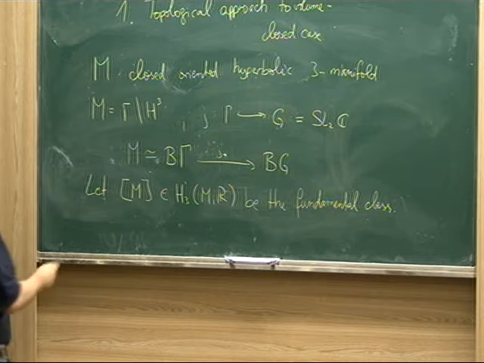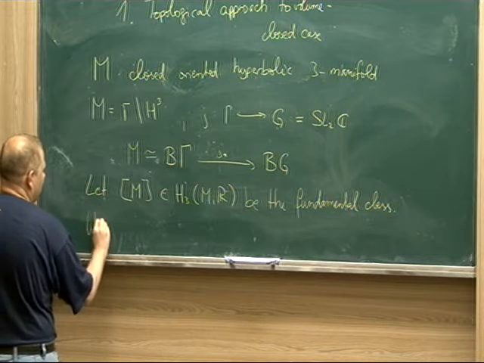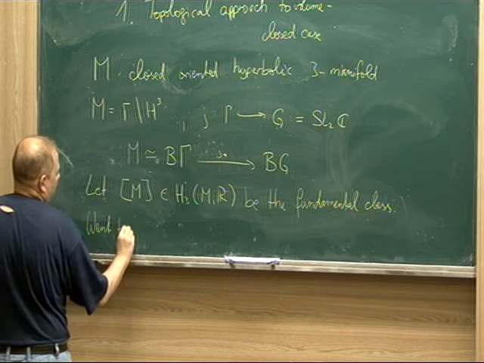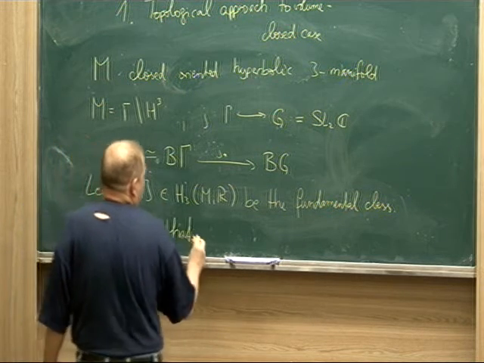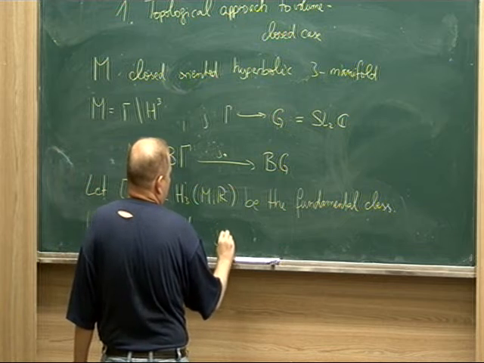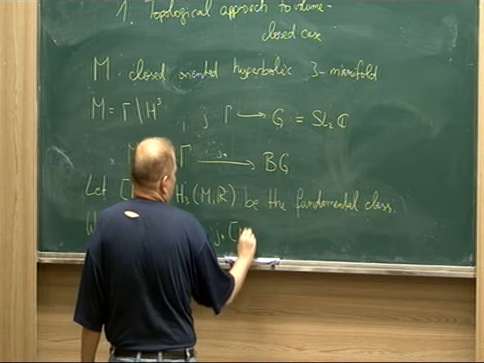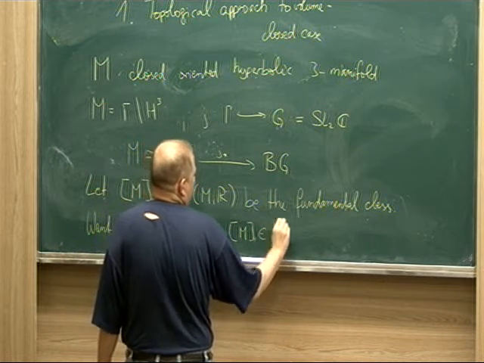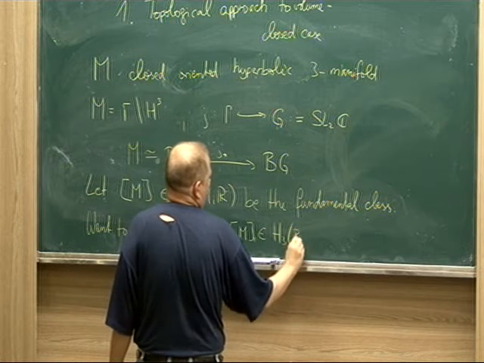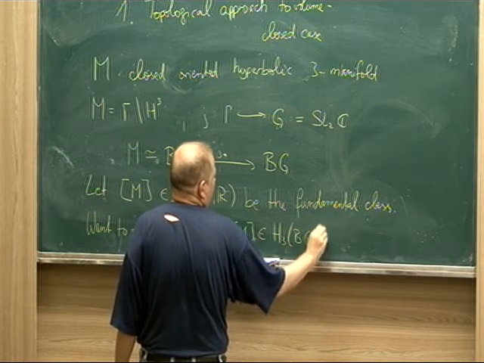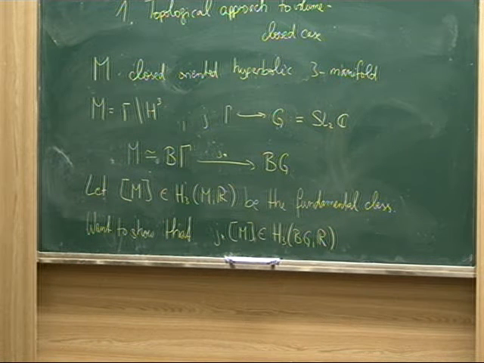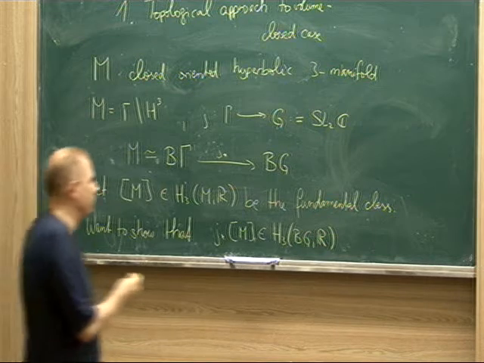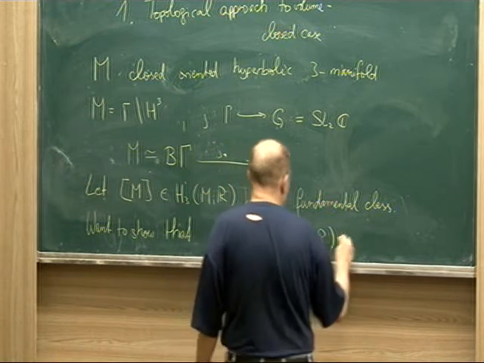We claim that this determines the volume. So we want to show that this topological object, this homology class in the homology of BSL(2,C), determines the volume.